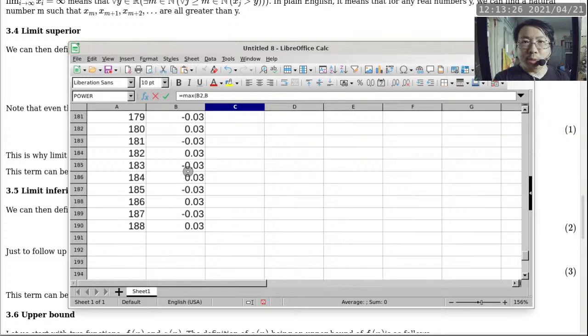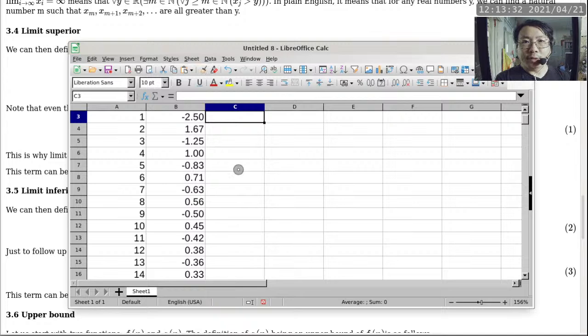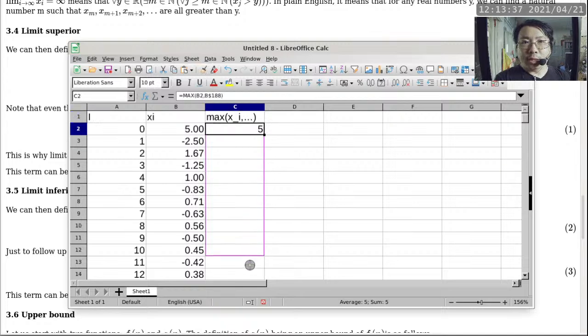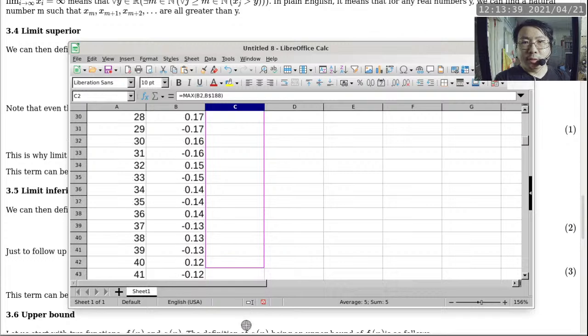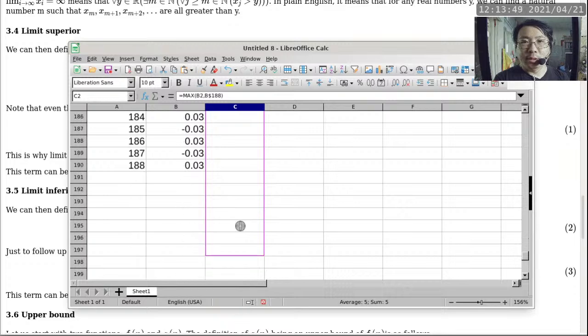I have to type $188 because otherwise the end is going to float as I make copies of that cell. So now, if I just keep going like this all the way to the end, I suppose I could have just double clicked all the way to the end, but I didn't. So there we go. All right.